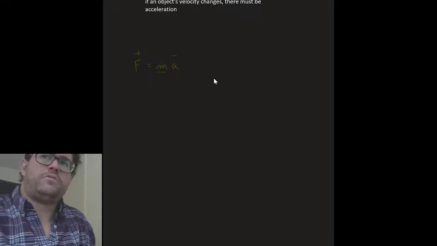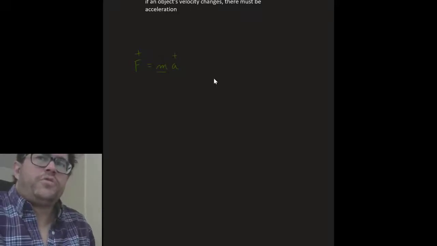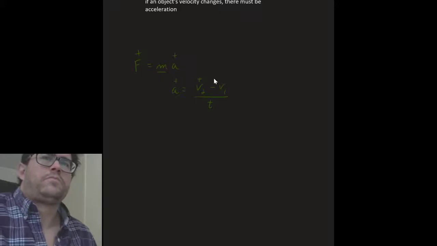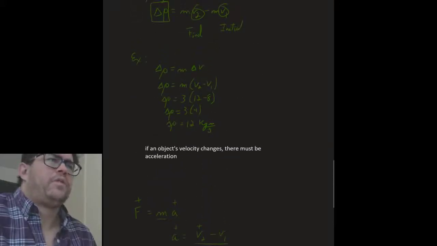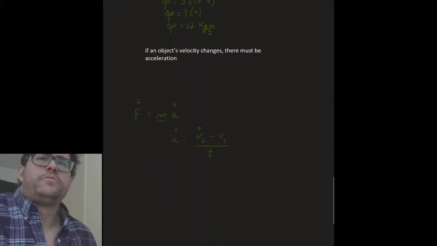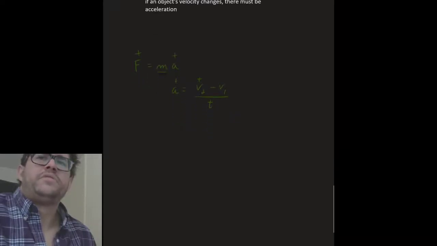It doesn't change. You increase the force, you increase the acceleration. You increase the acceleration, you increase the velocity. What did I say? You increase the force, you increase the acceleration, which increases the velocity.